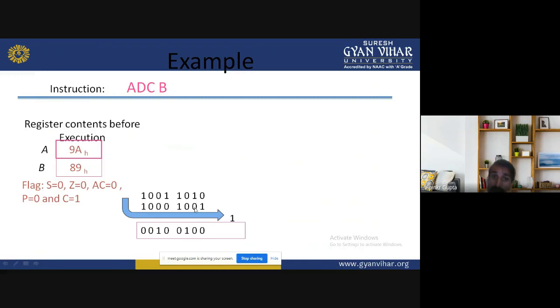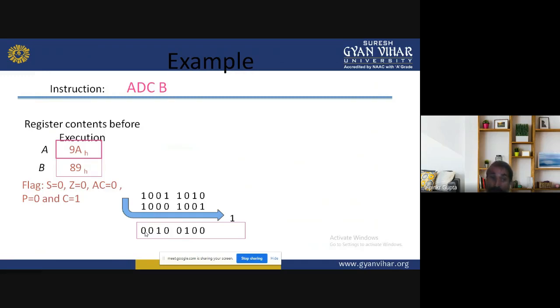So 1 plus 1 plus 0, how much? 0. Again carry is 1. So 1 plus 0 plus 0 is 1. 1 plus 1 is 0 and carry is 1. So 1 plus 1 is 0, carry is 1. Like that we can add. So 1 plus 0 plus 0 is 1. 0 plus 0 is 0. 1 plus 1 is 0, and carry is 1. Like that we can add with carry.